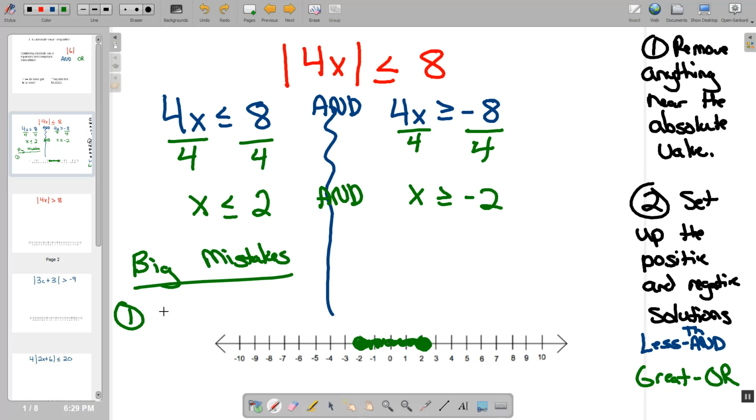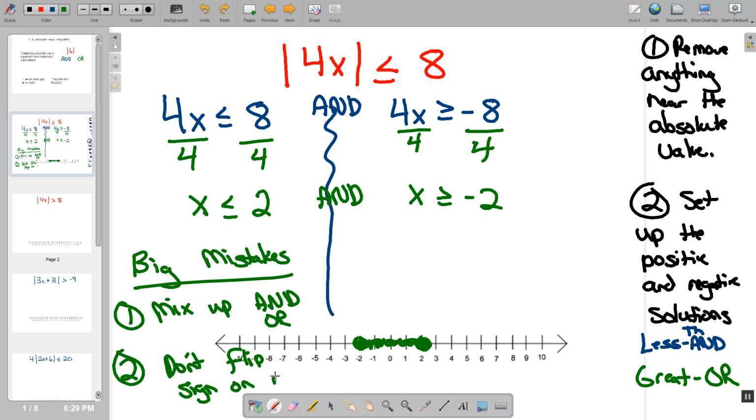Mistake number 1 is they mix up an and an or, which is why I do the less than, greater or to try to remember, but it's still easy to mix that up. And the second and most common mistake is people don't flip the sign on the negative side. Right here, because we are multiplying that side by negative 1, we have to remember to flip the sign on that side.